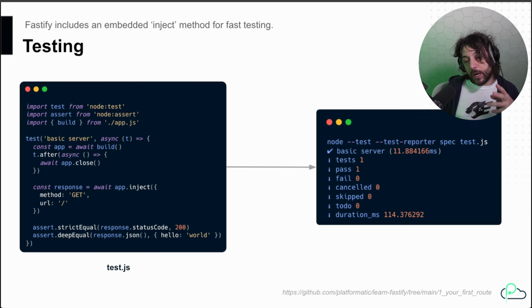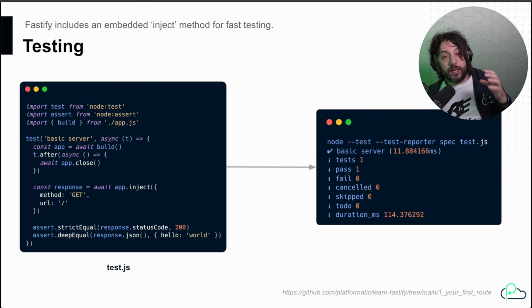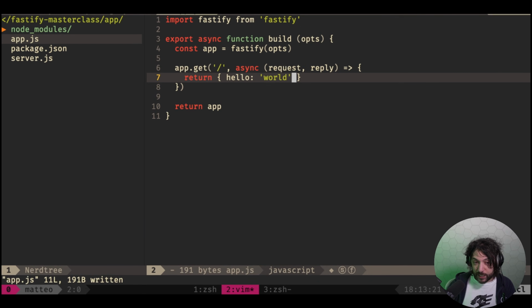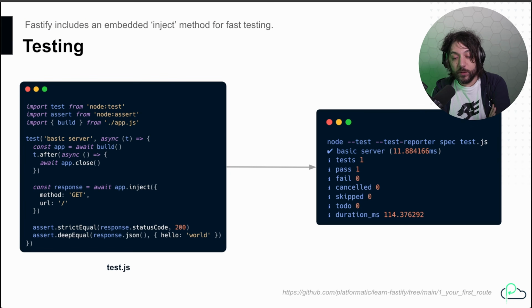Now, the key part here is how do we write unit tests for our app? This is very important because this is where some of the magic of Fastify happens. What I recommend is that you can use the node assert module to write a small test.